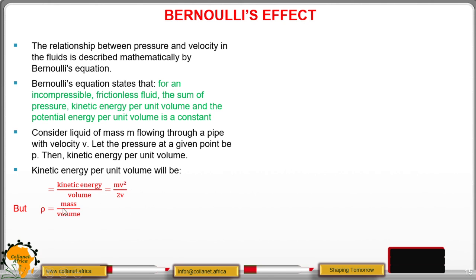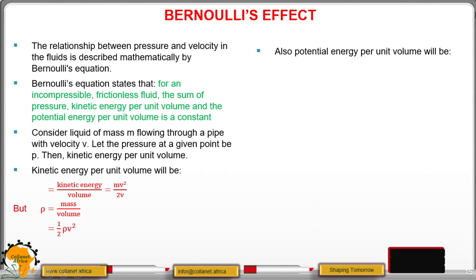But density is given by mass over volume. So you can see this mass over volume here, which becomes the density. So the kinetic energy per unit volume will be given by a half, rho is the density, times velocity squared.